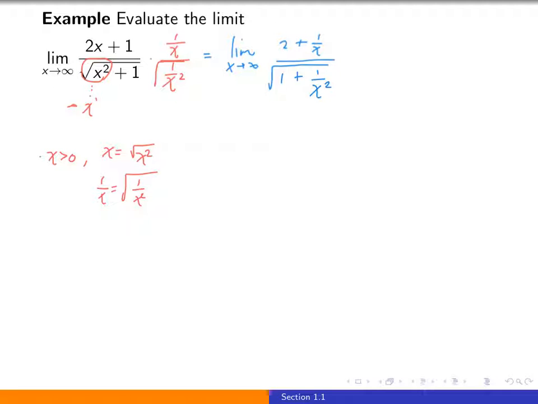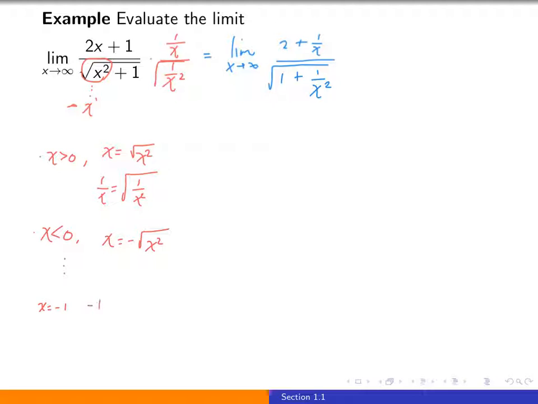Now before continuing with this problem, let me make a small observation. If x is a negative quantity, then x, which is negative, is minus the square root of x squared. And just to give you an idea of why this is true, think if x is minus 1.